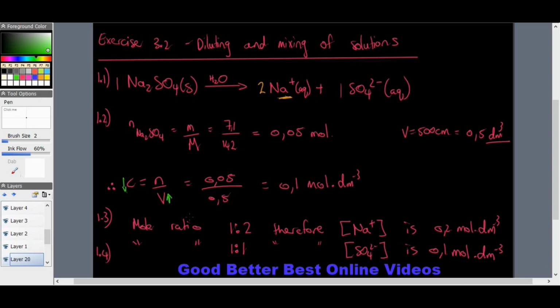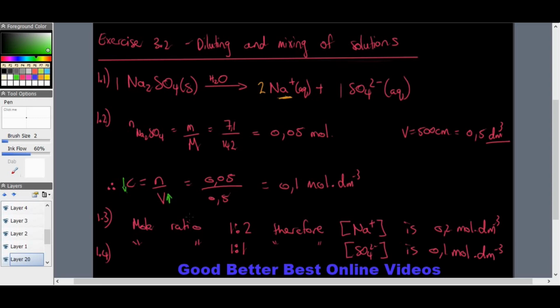1.6 said now if instead of water we added 500 cubic centimeters of the same solution, what would the concentration of sodium ions be in the new solution? Well, the concentration of the solution will therefore not change, even though we've doubled the volume.